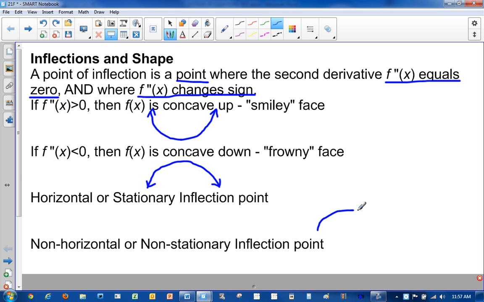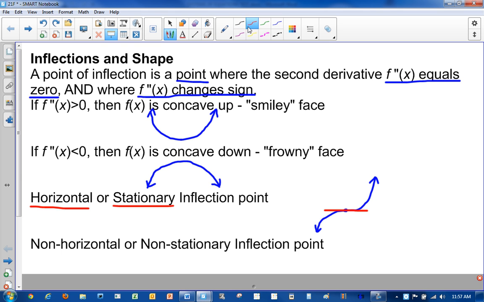So if I look at a graph that looks like this, I can see that everywhere to the left of this point there is a frowny face type function. It's the left half of a frowny face function. And then to the right of this point, it is the right half of a happy face or a smiley face function. So this is a point of inflection, but not only that, because the slope of the tangent line at that point is 0, it is a horizontal or a stationary inflection point.